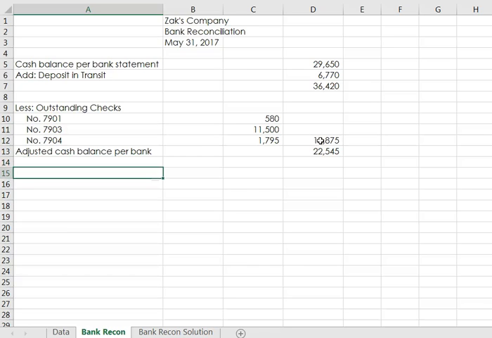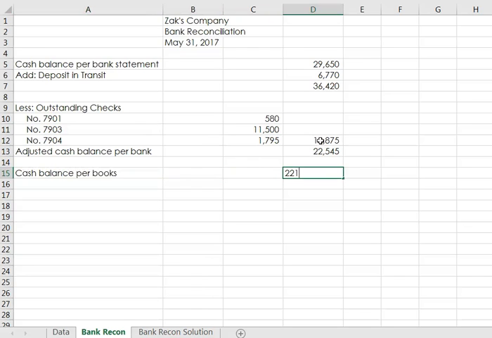In the second section of the bank reconciliation, I start with the balance from the company books, which is $22,110. This section of the report contains items that the bank knows about, but I don't, at least not until the bank statement arrived. From the data for this company, I have an error in recording check number 7889 on the books.